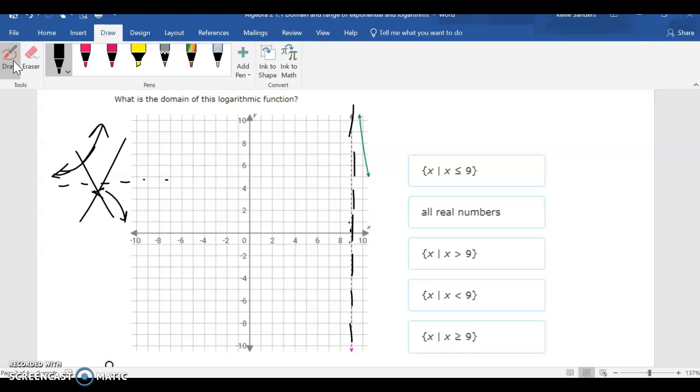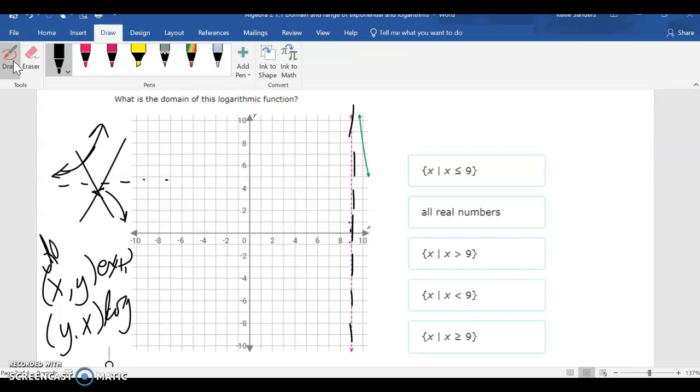So if they are inverses and the domain of an exponential is always real numbers, remember inverses, whenever you switch your x and y, your y becomes your x and your x becomes your y. If this is exponential, then this is logarithmic.